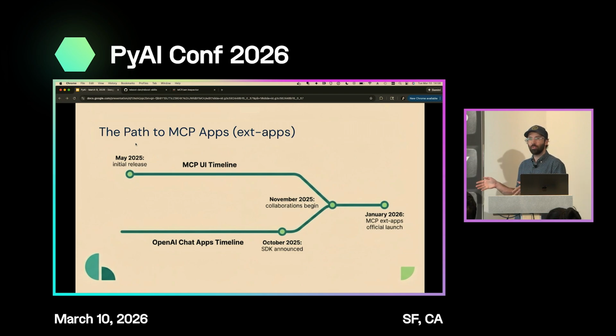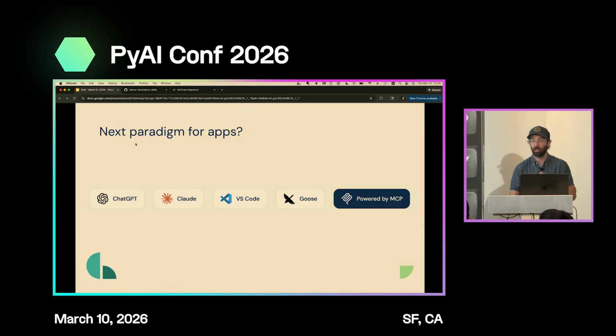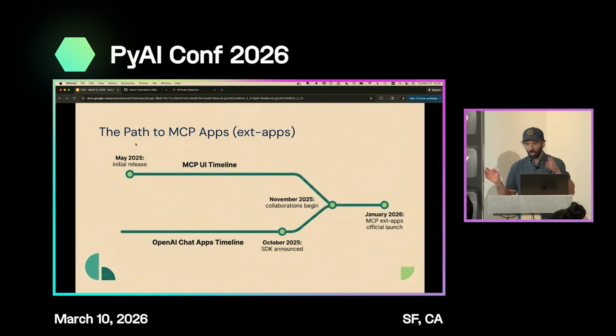In November of last year, collaborations began, and in January of 2026, ext-apps actually emerged as an official extension in MCP that's now being implemented by all these clients. So it's really a great testament to the open source communities coming together and working on something that could actually be really useful for all of us in the future.